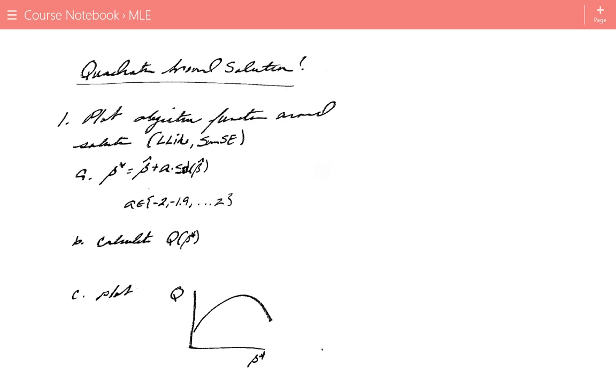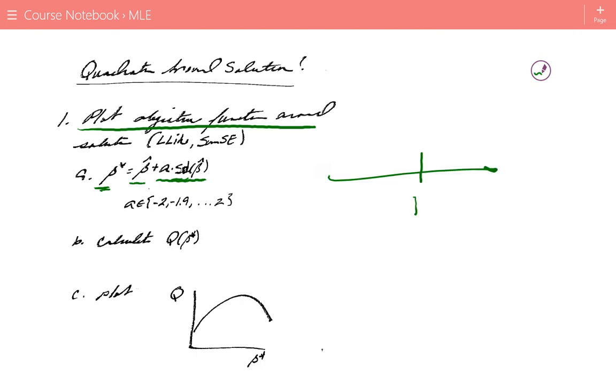So one way to do this is you could plot the objective function around the solution. You can create a set of points, beta star, around your estimate, beta hat, and go a certain number of standard deviations from beta hat. It really doesn't have to be a standard deviation.